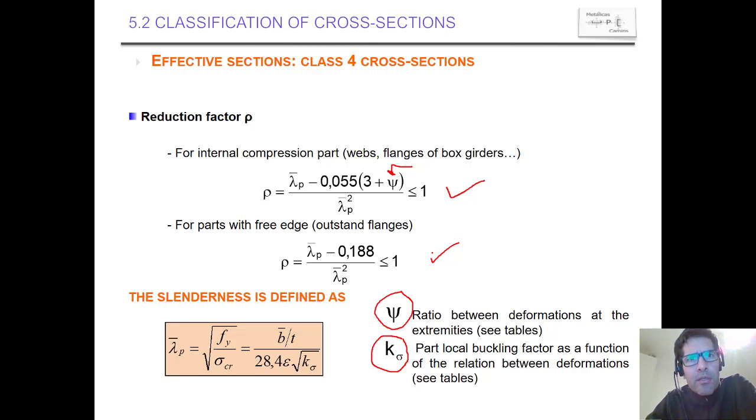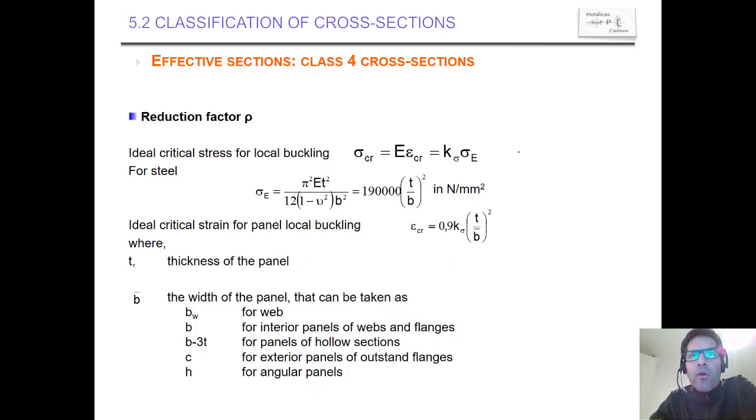Rho seems to be easy, but we need to define rho in a proper way by introducing the right value of k sigma and the right value of psi. Both come from the analysis of the structure. Those elements are key. Another key element is to define the ideal critical stress for local buckling, which is sigma cr, but this formula was given previously here.